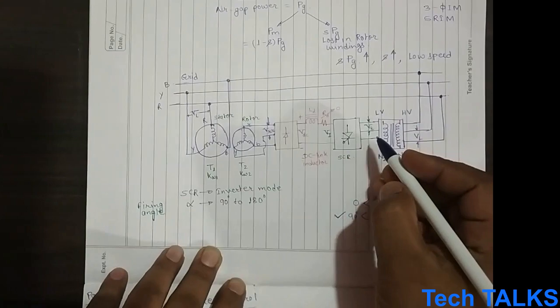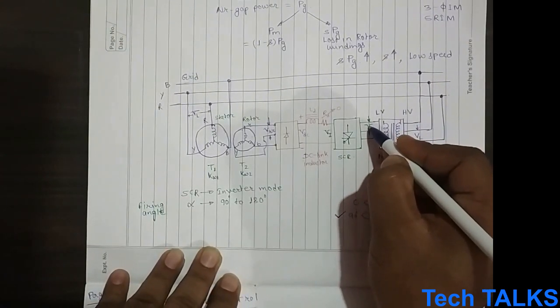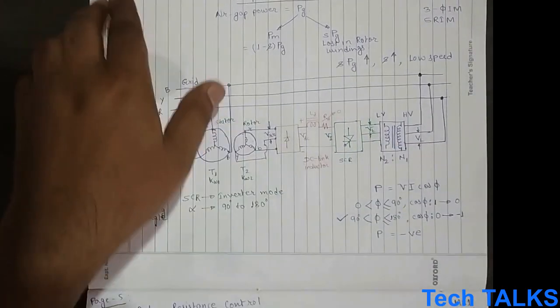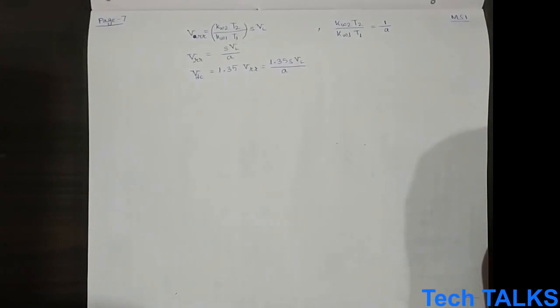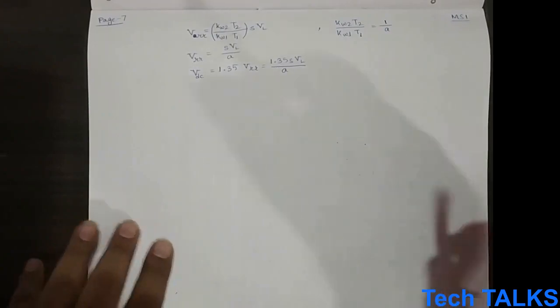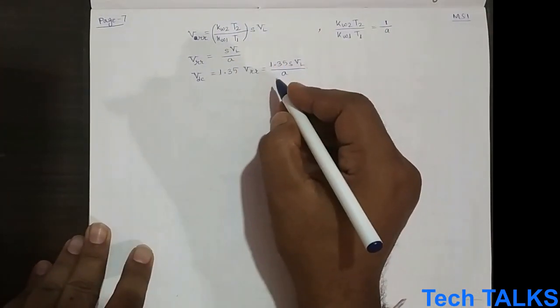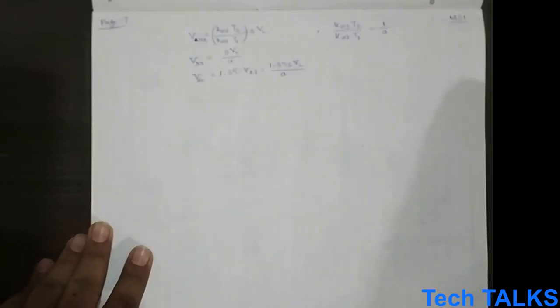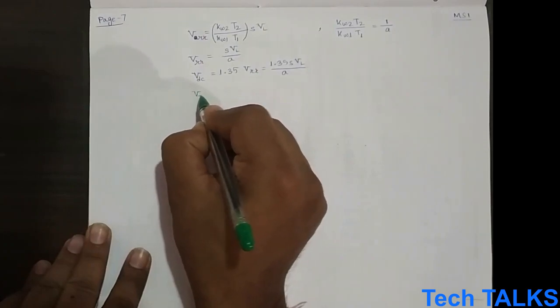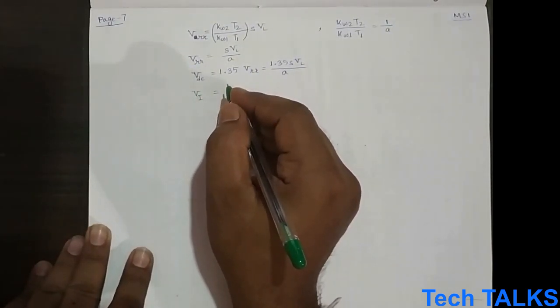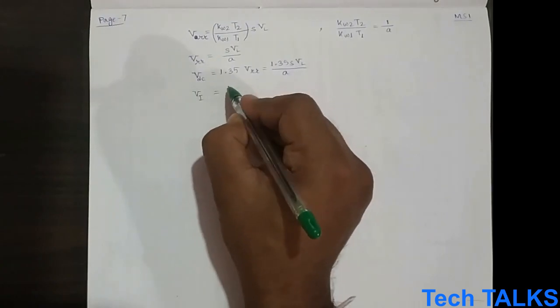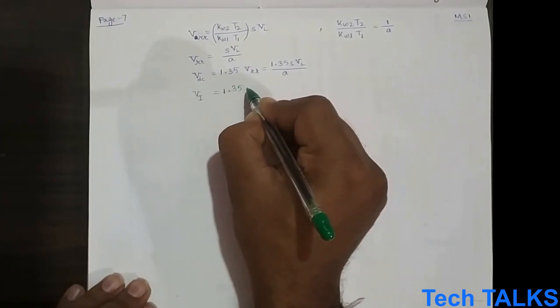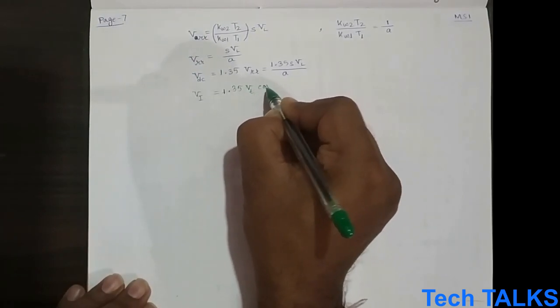If we consider calculating from this side, that is from VT to how we reach VI, then what we will get is that VI is equal to 1.35 VT cos alpha.